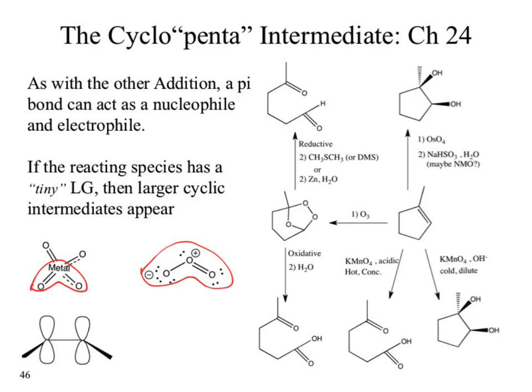Okay? So when we're looking at our alkene, the electrons come out and attack the oxygen. The electrons in that pi bond will go to the metal center. Why would they go to the metal center? Why would that metal want electrons? Because all of the oxygens around it are withdrawing electron density away.